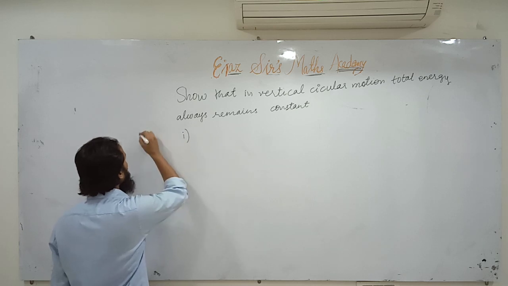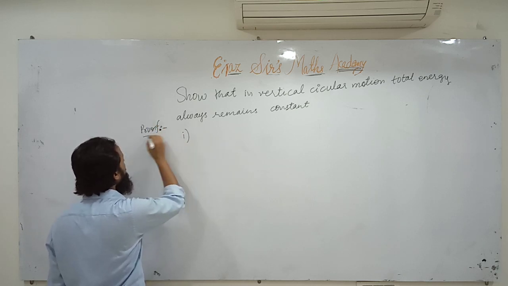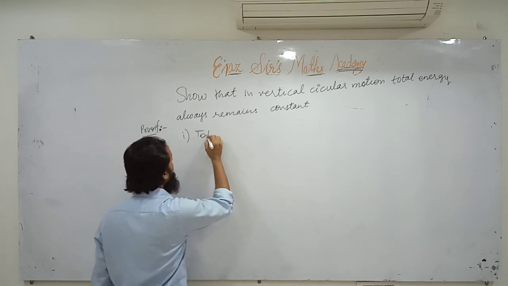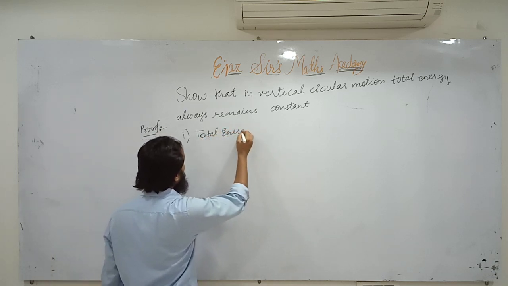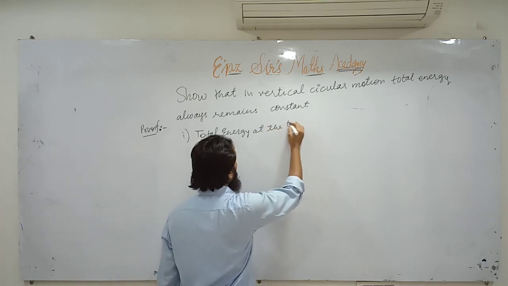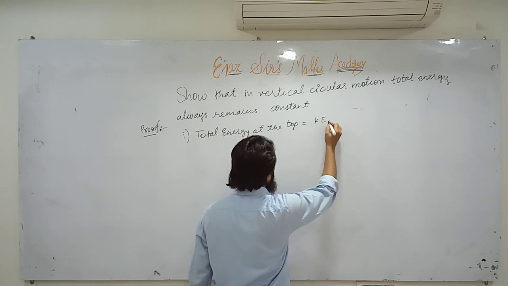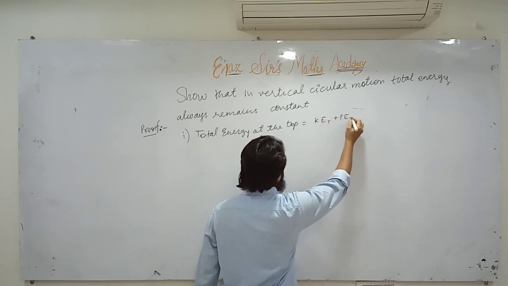Part 1. So this is our proof. Total energy at the top is equal to kinetic energy at the top plus potential energy at the top.